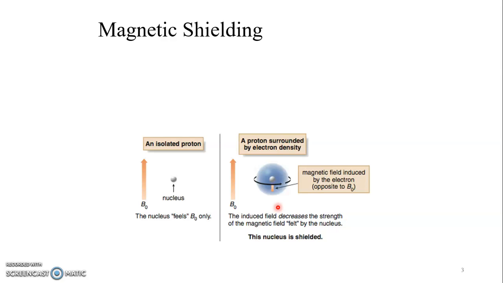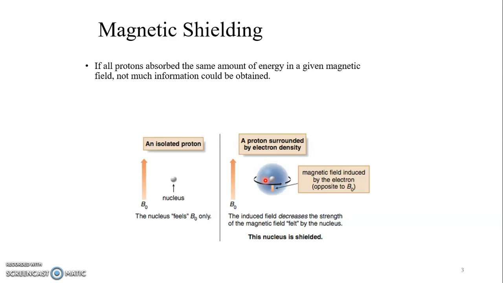So that is where we explain shielding. When the proton feels the external field as well as the field created by the electrons, we say that the proton, or the nucleus, is shielded.